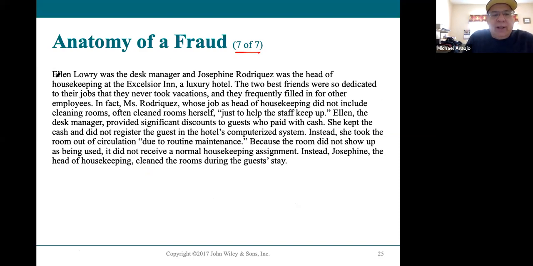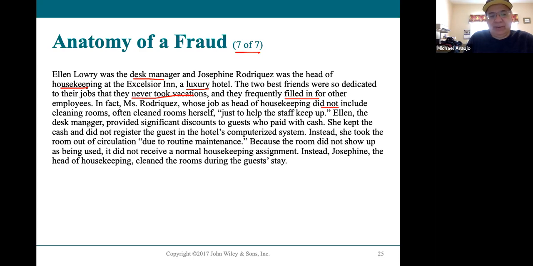So we have Ellen Lowry, who was the desk manager, and Josephine Rodriguez, who was the head of housekeeping at Excelsior Inn, a luxury hotel. The two best friends were so dedicated that they never took vacations, and they frequently filled in for other employees who couldn't make it. Mrs. Rodriguez, whose job as head of housekeeping did not include cleaning rooms, often cleaned rooms herself, just to help the staff keep busy.